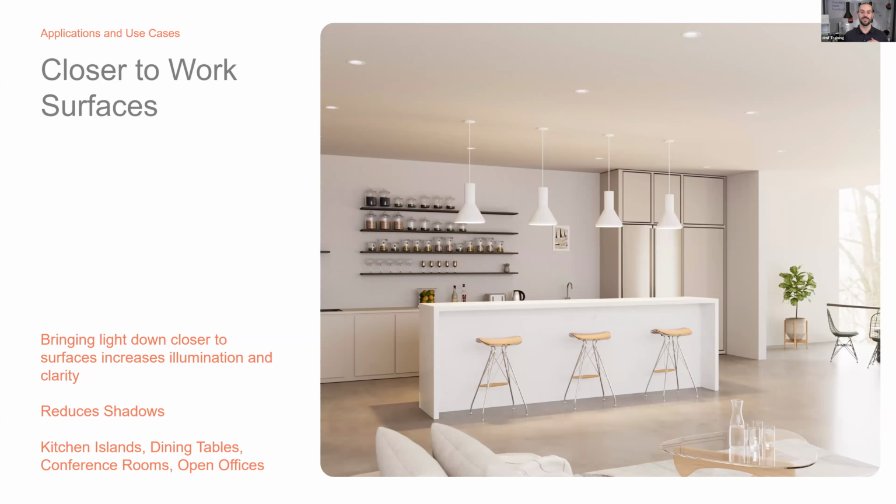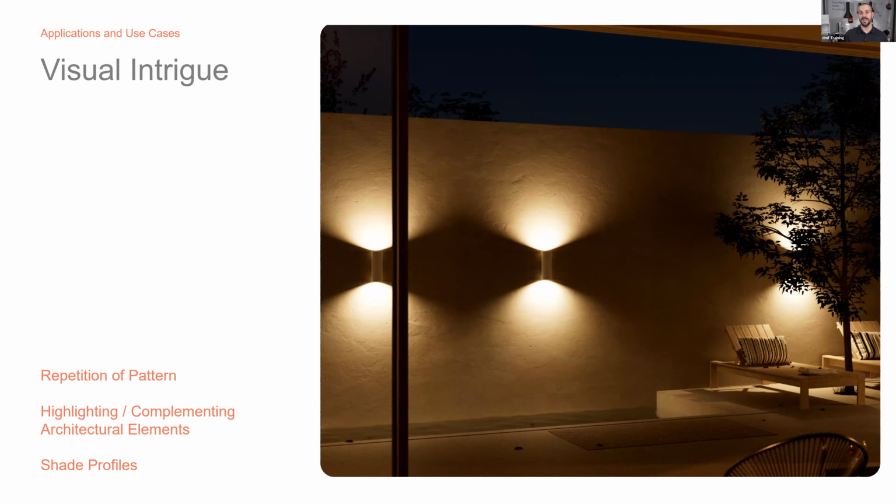Places like conference rooms, dining room tables, open offices, again, where you want to maybe bring light closer into individual workstations, are all great examples of that. Another one really can be for visual intrigue. So we have a number of options here in terms of both the aesthetic design of the cylinder, the extrusion, and perhaps a shade or something like that.